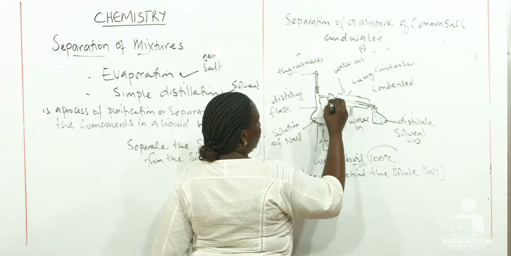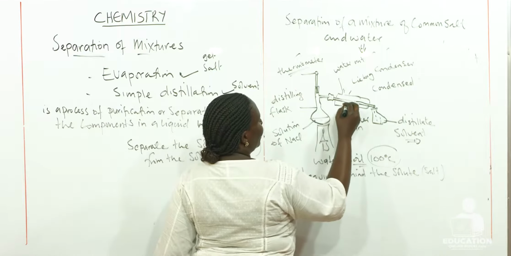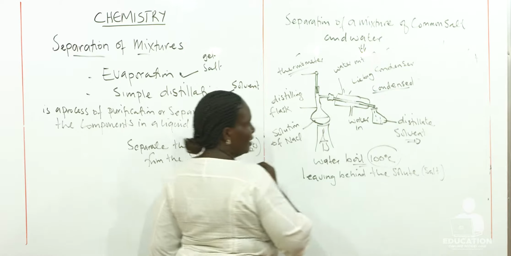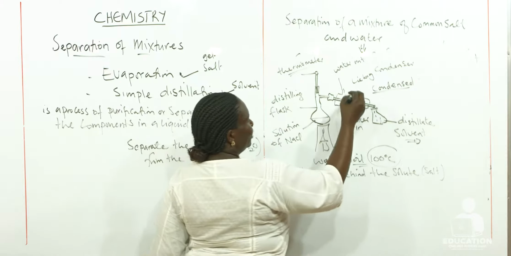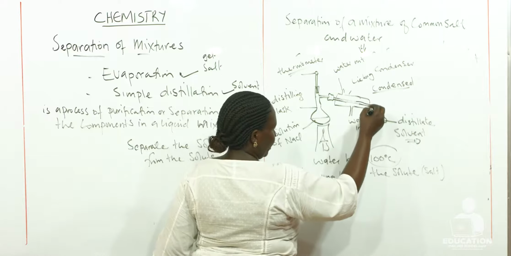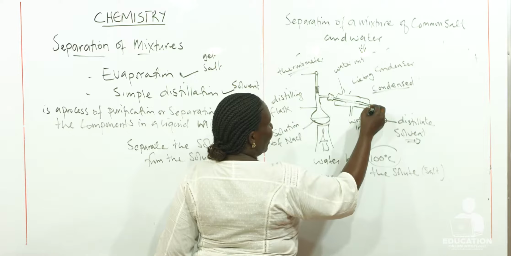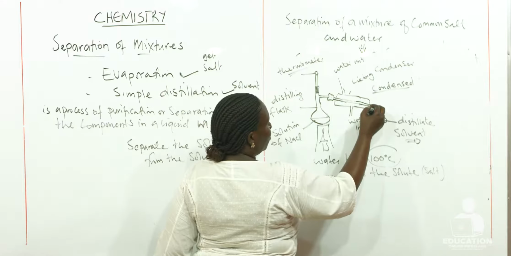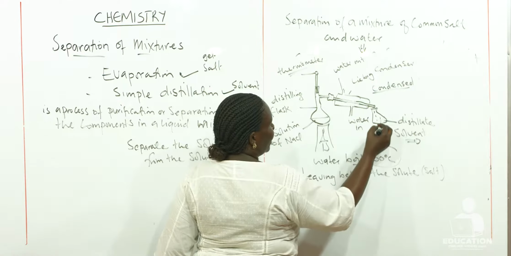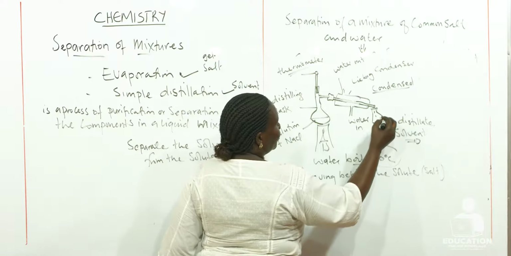The steam will move through the condenser, and the condenser will condense the steam, and the steam will turn into liquid again. At the end of the condenser, droplets of liquid will fall and be collected in this conical flask.